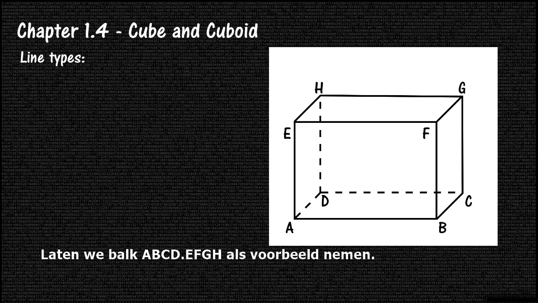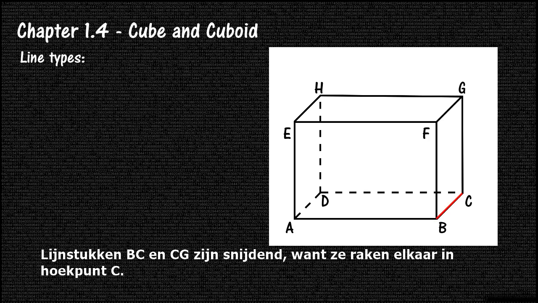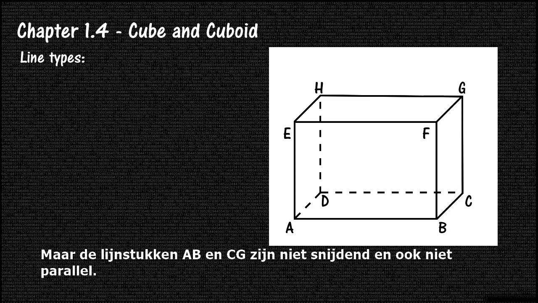Let's look at cuboid ABCD EFGH, shall we? Line segments AB and EF are parallel to one another. Edges AE and CG are also parallel to each other. Line segments BC and CD are intersecting lines because they intersect in vertex C. However, line segments AB and CG are not intersecting, or are they parallel?